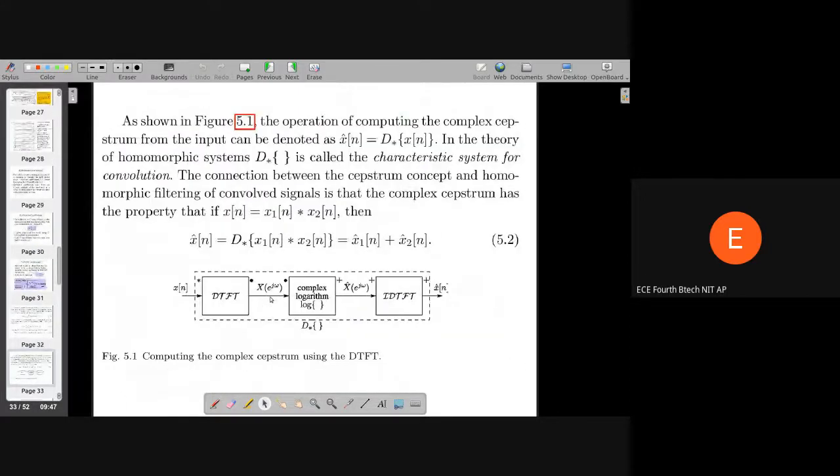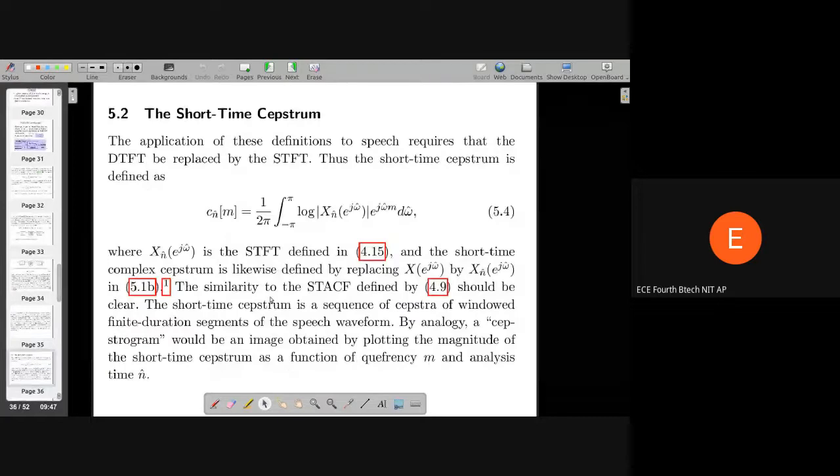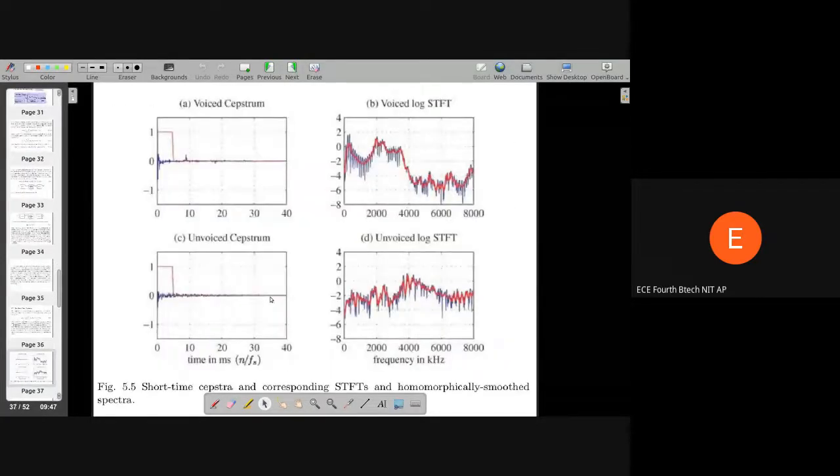Then we discussed cepstral analysis of speech, or homomorphic analysis of speech, which is a way to segregate the vocal tract system characteristics from the excitation source, because deconvolution is not easy. Summation of two signals is relatively easy, but convolution, which includes multiplication, summation, and even time shifting, is different.